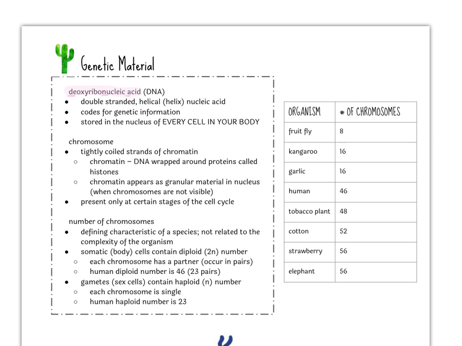Deoxyribonucleic acid is where we get that acronym, DNA. Some of the properties of DNA: it's double-stranded, it's helical, and as the name implies, which molecule of life is it? It is a nucleic acid.